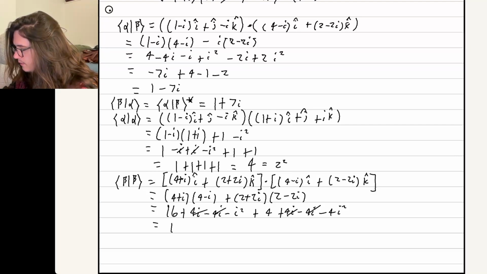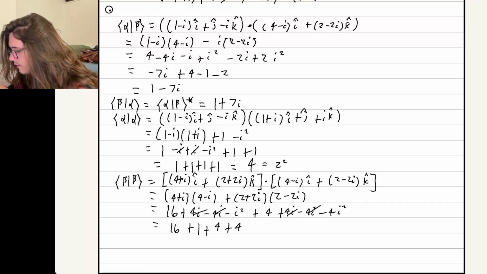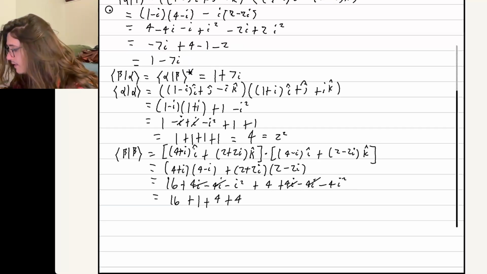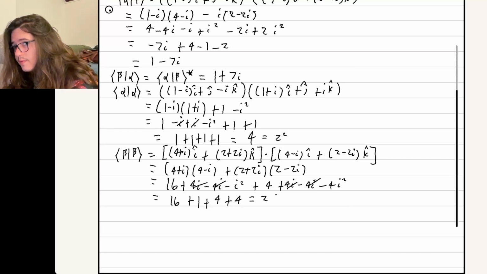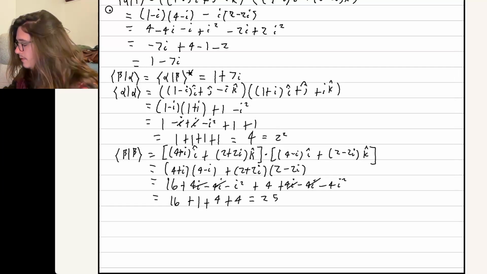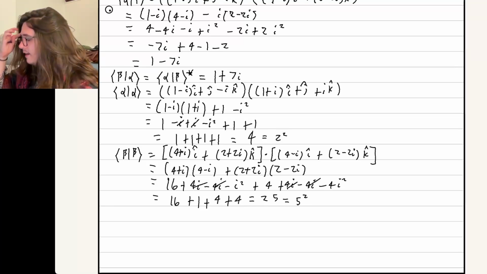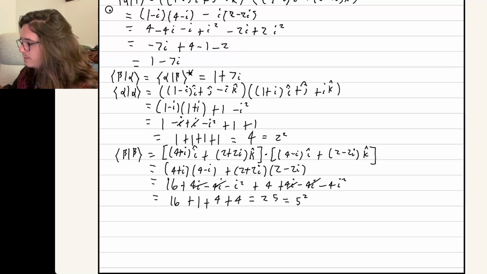We'll expand all of the minus i squareds into plus 1s. So you have plus 1 here. We've got the 4 from before, and we've got another 4. So it's 16 plus 9, which is 25. And then for the same reason that I'll explain in a second, I'm going to represent it as 5 squared.